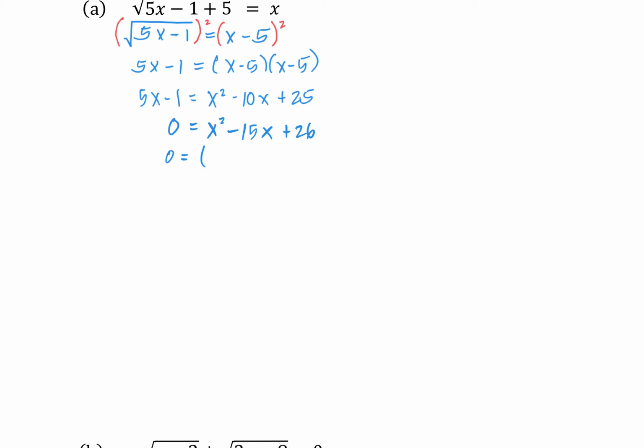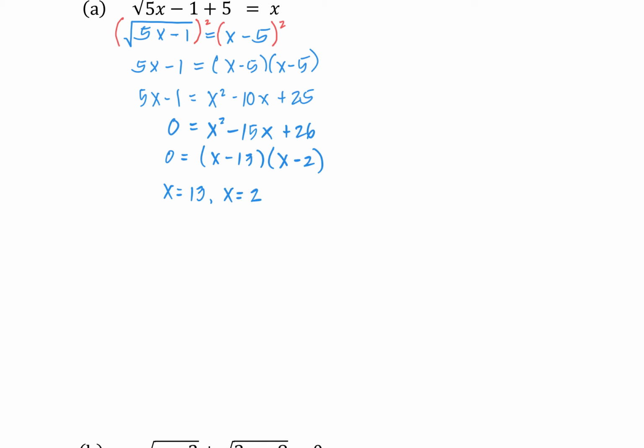Let's see, this should factor as x minus 13, x minus 2. Is that right? Yes, I get x squared, minus 13 minus 2 is my minus 15x, and then I get plus 26. So I have two possible solutions, x equal to 13 and x equal to 2.